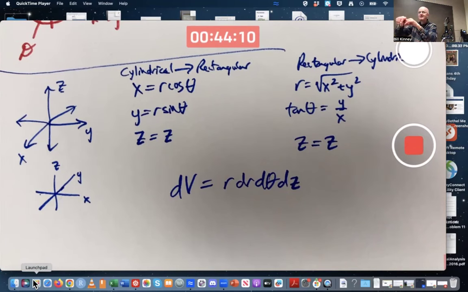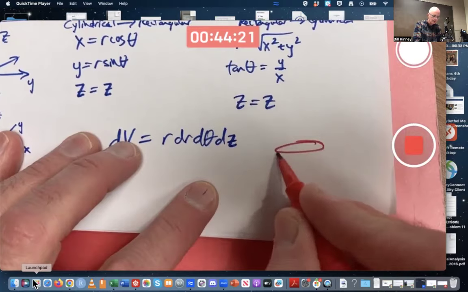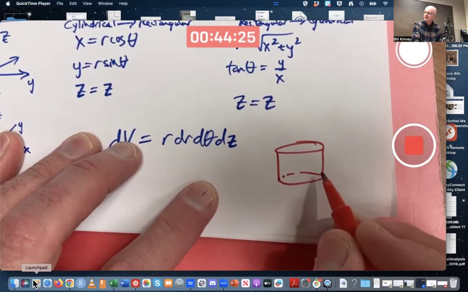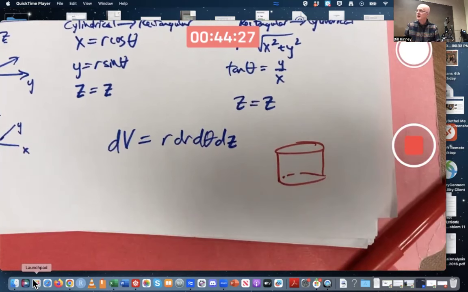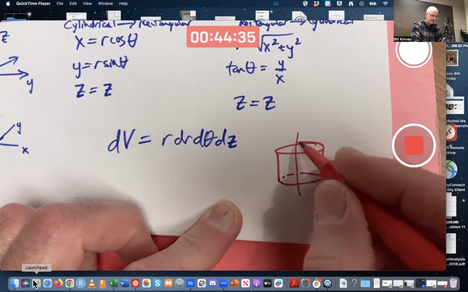In that case, r is a constant function of theta, whatever the radius of the cylinder is. I'm talking about this kind of shape here. Whatever the radius of the cylinder is, that's the bound for r. If theta is going all the way around, it would go from 0 to 2 pi. And if it were truly over a cylinder, you need to figure out limits of integration for z.